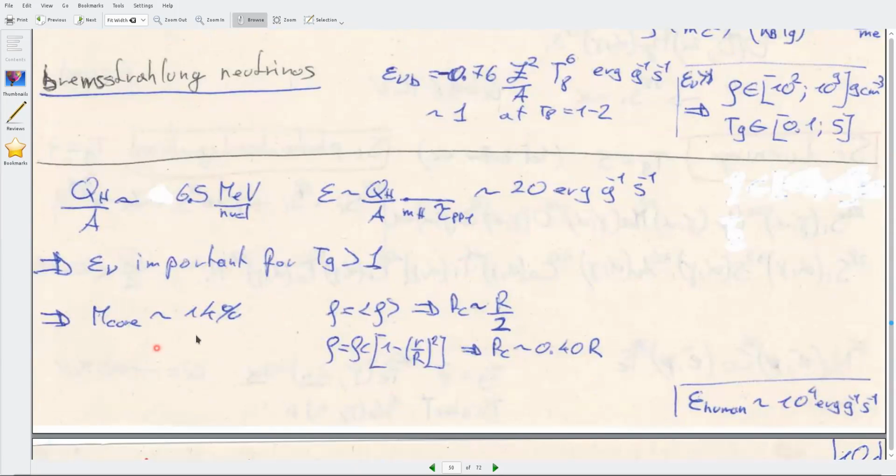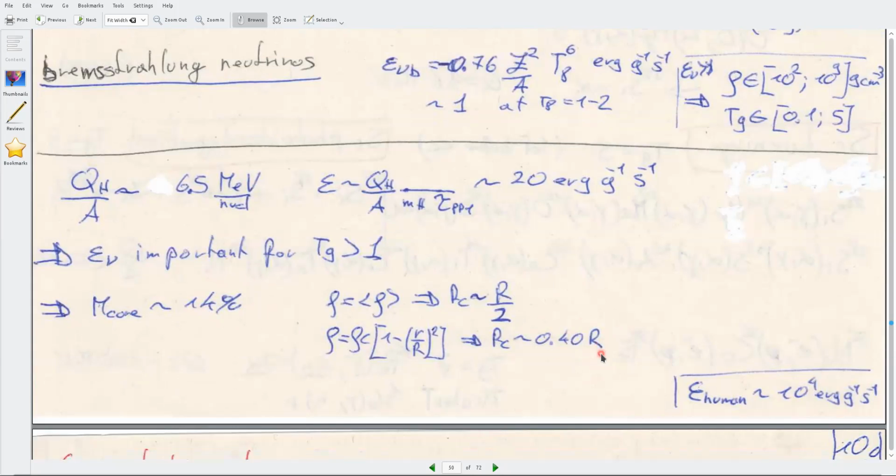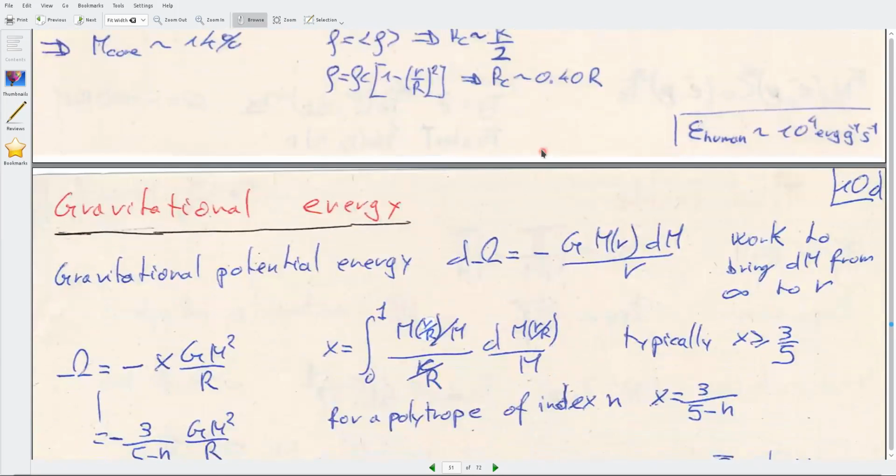So the mass of the core, after all the corrections, because you have to correct also for the fraction of hydrogen, because you're not using all the core, but just the 70% in the sun, then the mass of the core is like 14% of the star, with the radius that is more or less 30–40% of the radius of the star, at least in the sun.